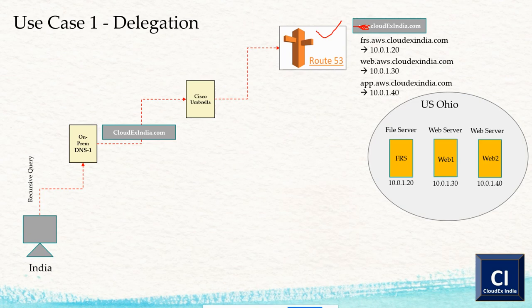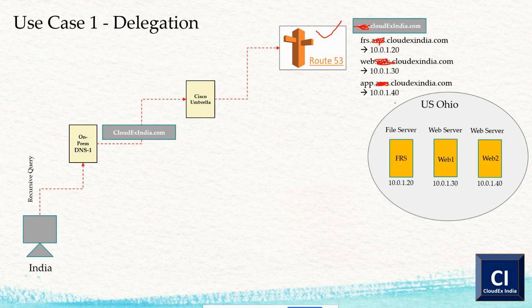And under this cloudxindia.com zone, I created some DNS records like web.cloudxindia.com, frs.cloudxindia.com, app.cloudxindia.com. Whatever entry I have created definitely uses the parent name, so it will continue with the parent name.